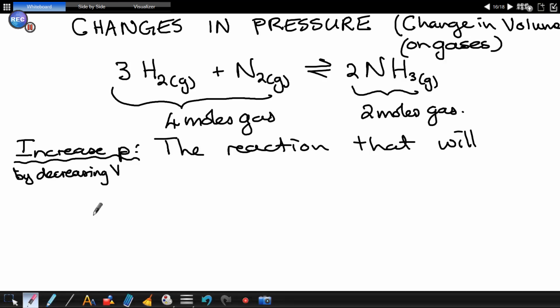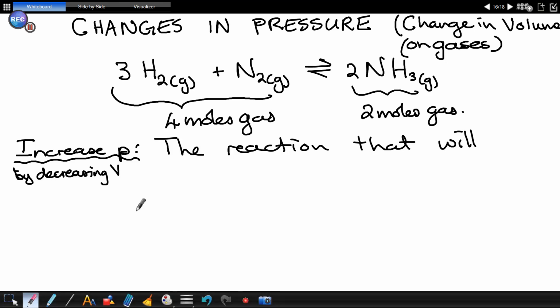Isn't less moles of gas less volume of gas? No, here's a very important point. The volume of the gas is not determined by its moles. It's determined by the size of the container. So you can have a gas squashed up in a container this size, or you can have the gas in a container the size of the room. That does not change the moles of the gas.